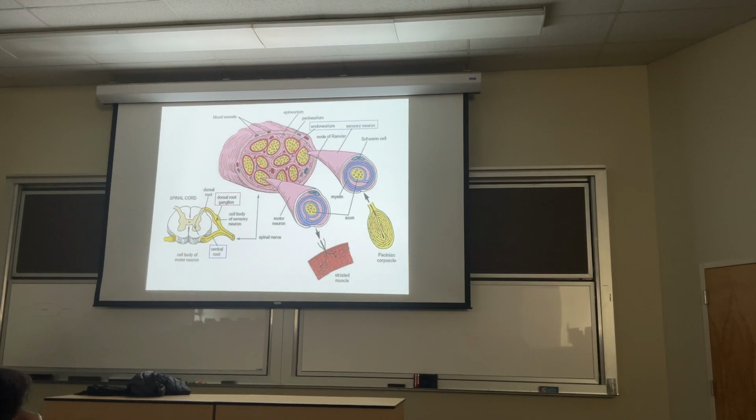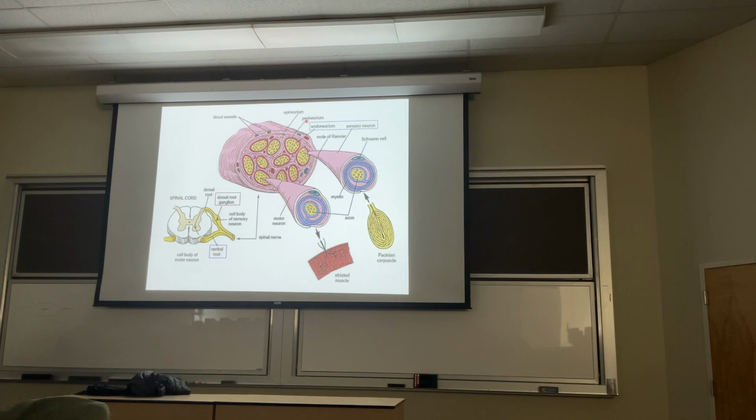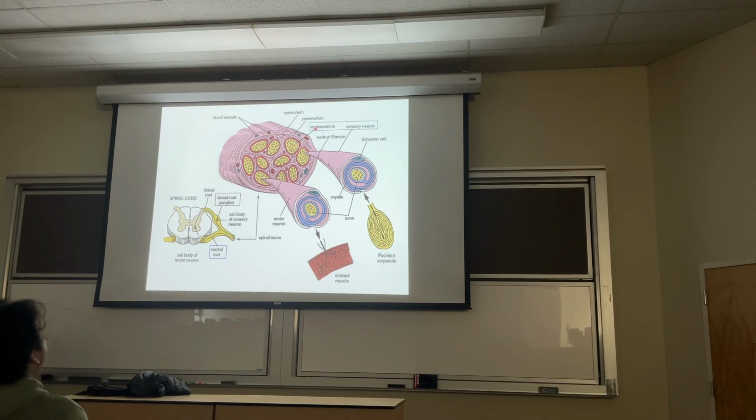Those are called fascicles of nerves, axons for instance, and around there you have connective tissue called perineurium, which is analogous to perimysium. And around each individual axon you have connective tissue, which is called endoneurium. And again, that's analogous to endomysium in the muscle.